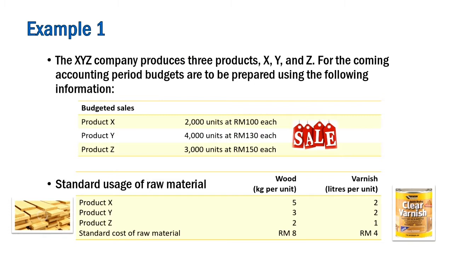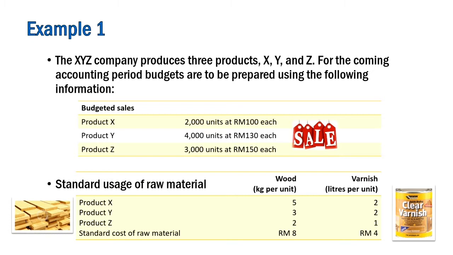Okay, let's say product X. In order to produce product X, we require 5 kilograms of wood and 2 liters of varnish. In order to produce product Y, we require 3 kilograms of wood and 2 liters of varnish. And for product Z, we require 2 kilograms of wood and 1 liter of varnish.